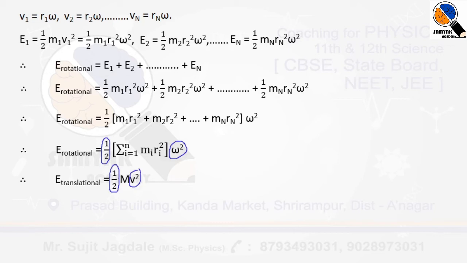Now the term in the bracket, summation i equals 1 to n mi ri², should be analogous to m, because the other two terms are the same.